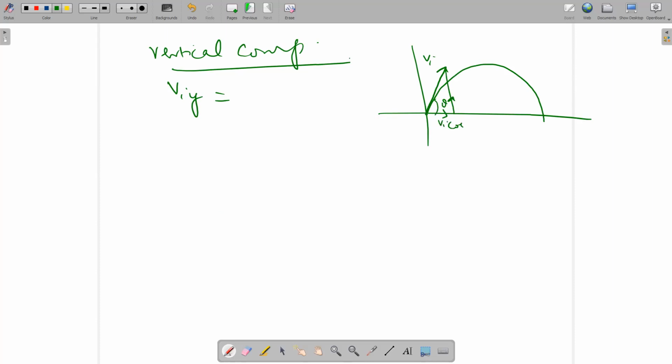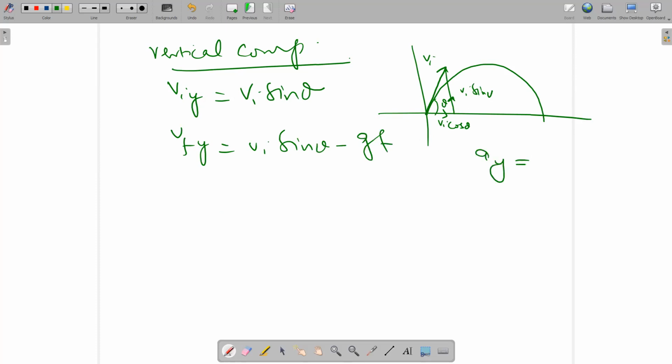This is Vi cos of theta, and this is Vi sine of theta. So Viy is Vi sine of theta. But Vfy is not only Vi sine of theta, it is Vi sine of theta minus gt. Because here the vertical component of acceleration is minus g. It's downward. So this is our final vertical velocity.